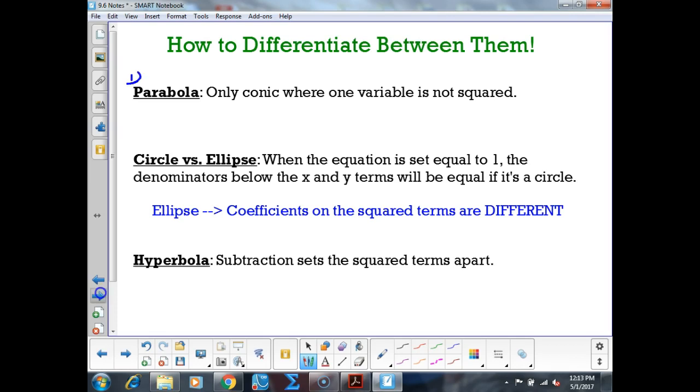The second easiest is the hyperbola, because the hyperbola has a subtraction sign between the squared terms. So if it's x squared minus 4y squared, that is a hyperbola.